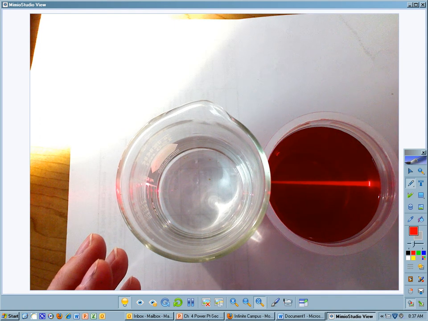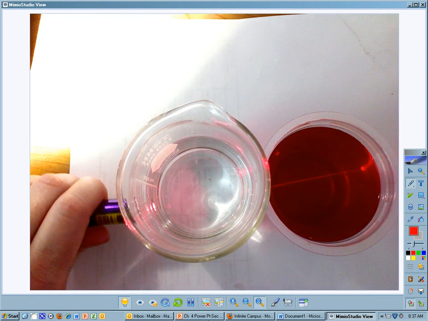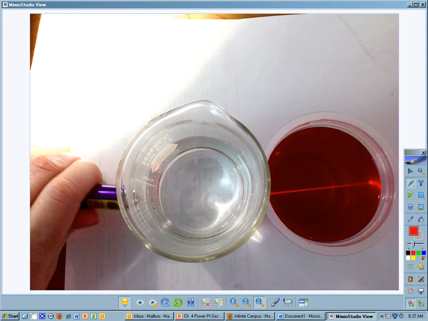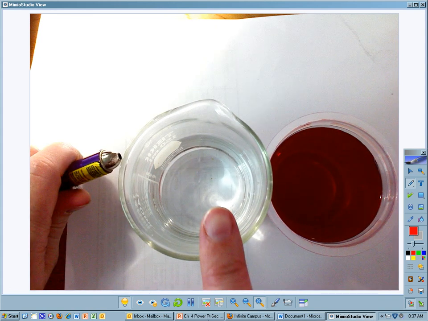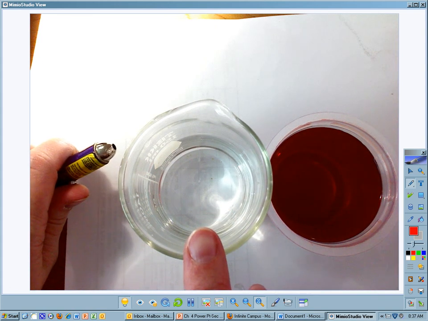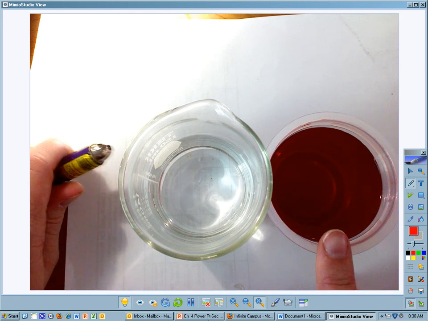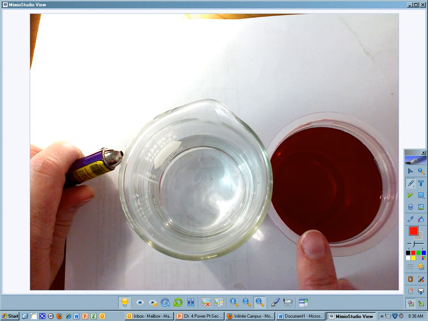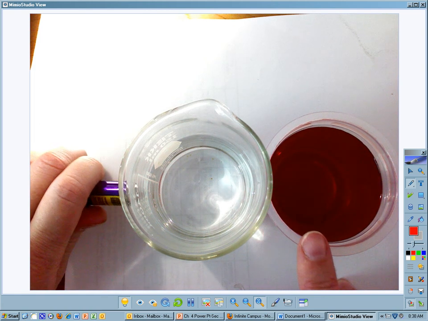Even if I go from the other side, that's because the Sierra Mist is a solution, and the Jello is a colloid, which means the particles in the Jello are bigger, so they're big enough to actually reflect light. Yeah?